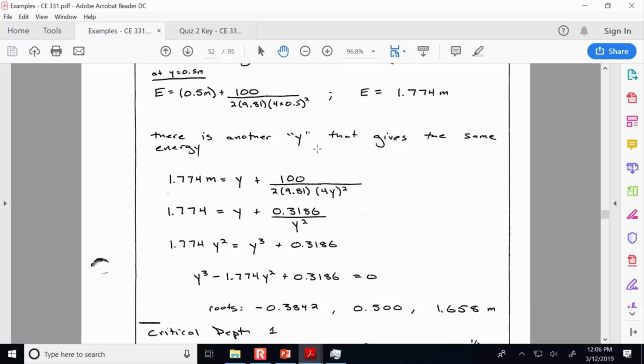Another one of the roots is the depth that we already knew, 0.50 meters. But then another one of the roots is the depth that we're looking for, 1.658 meters. And so that is the alternate depth, 1.658 meters. You could solve it numerically using the spreadsheet, but you can also solve it by finding the roots of that cubic equation.